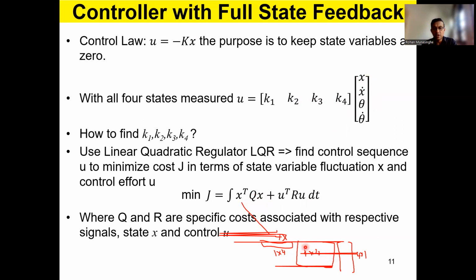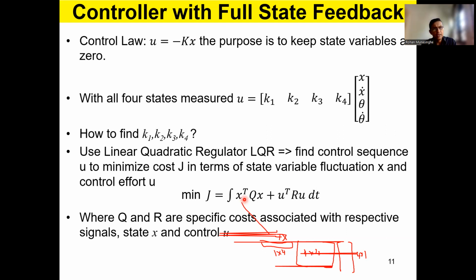Within the Q, it's like a diagonal matrix. If you have 1, 1, 1, 1 along the diagonal, this will simply be x square plus x dot square plus theta square plus theta dot square, the sum of square terms of the states.